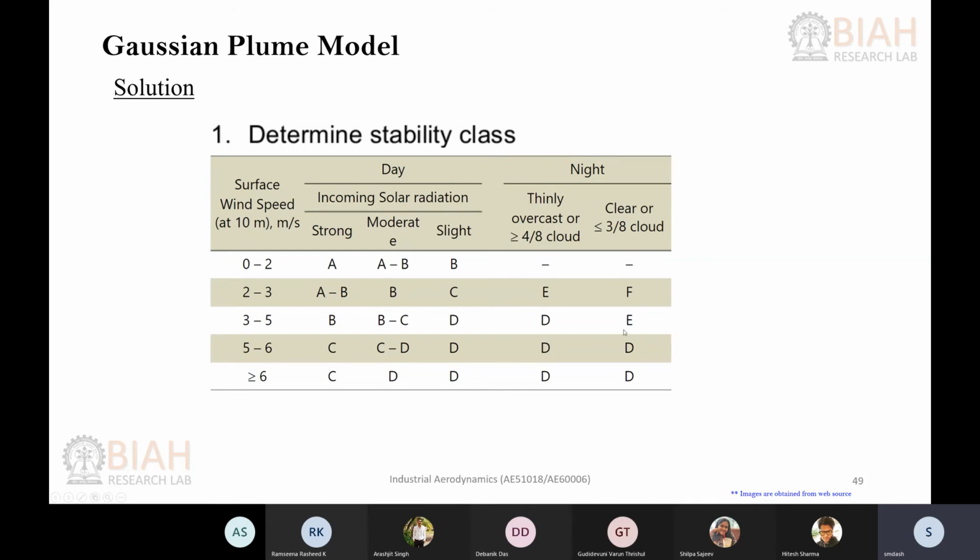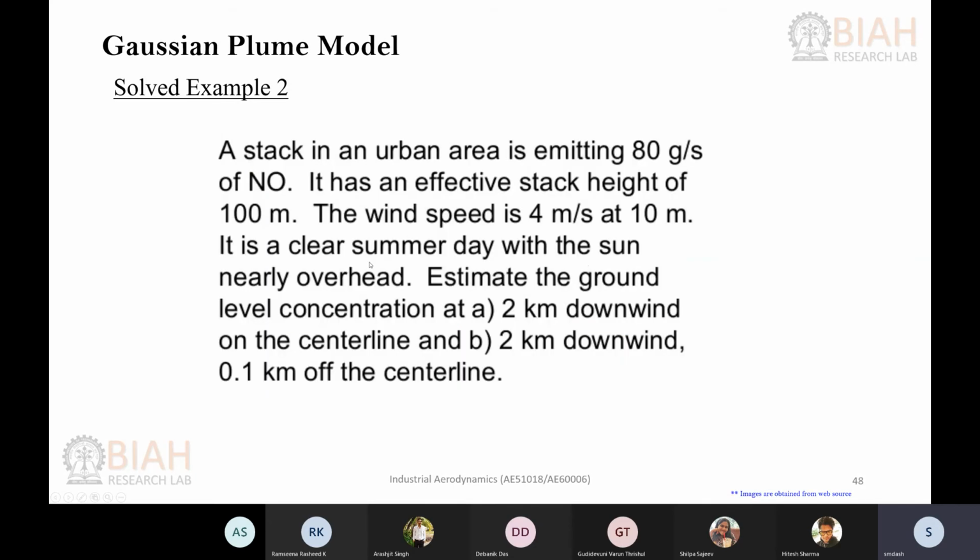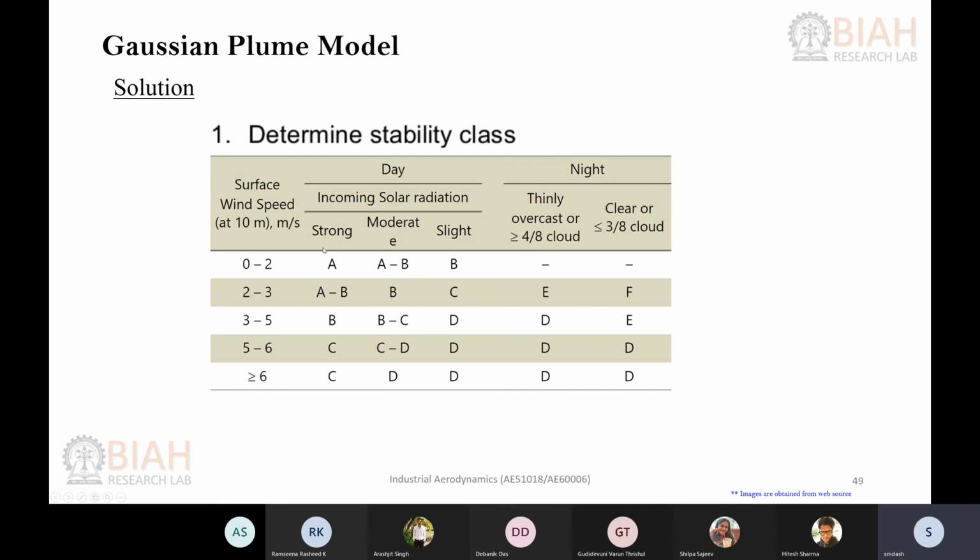It is said that it's a summer day, and the sun is also nearly overhead, so it's noon time. That means it will be the strongest. So you can see that the atmospheric stability condition will be B. 4 meter per second, and this will be B. It's clear. Based on the information available to you, the other atmospheric stability parameters can also be obtained. So for this particular problem, it is B.